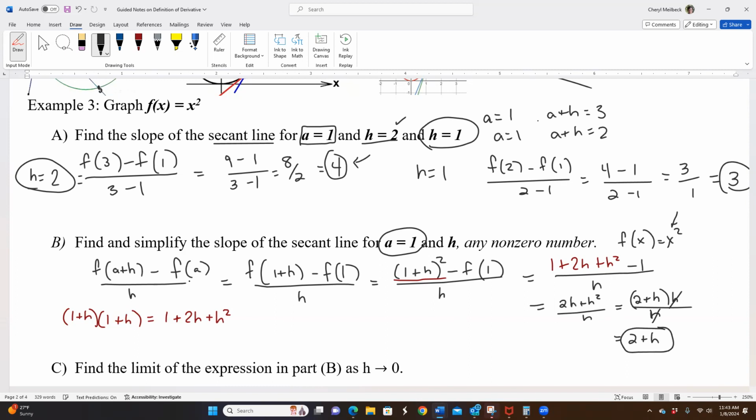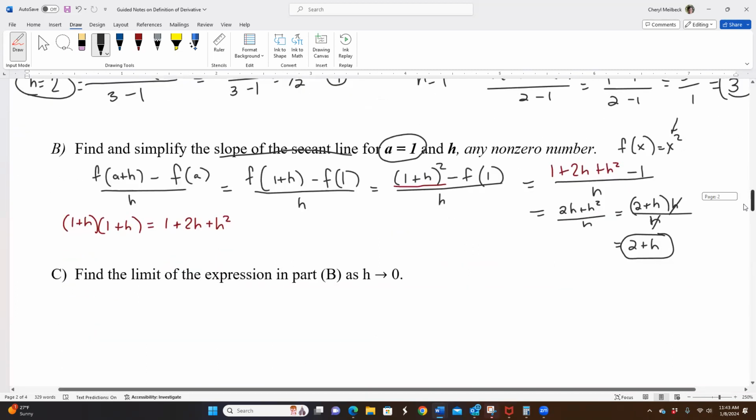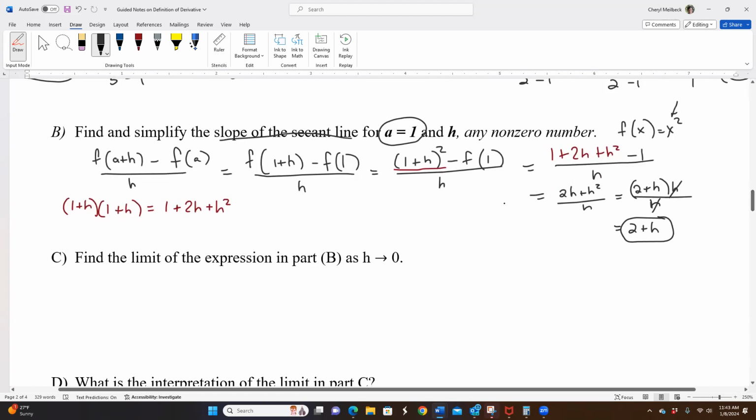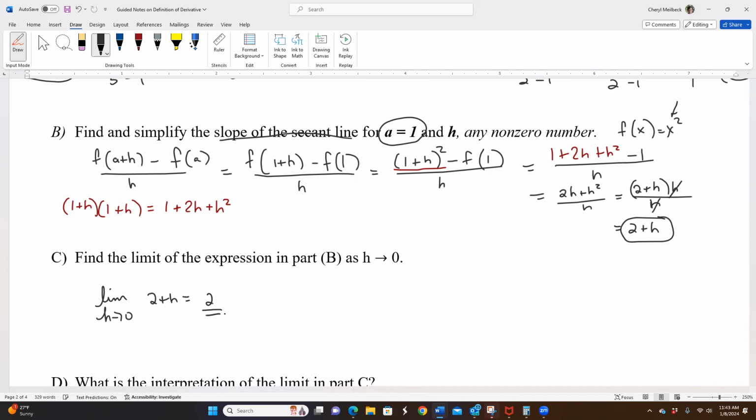And that would be the slope of the secant line for any h. And then once again, we want to find the limit as that goes to 0, which will give us our instantaneous rate of change. So the limit as h approaches 0 of our answer above is going to be 2.